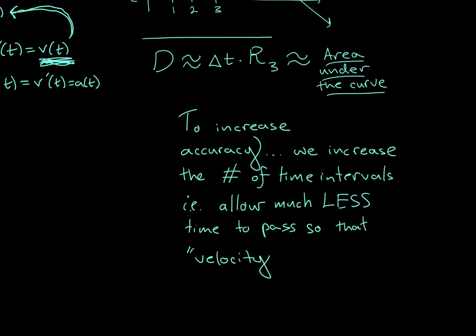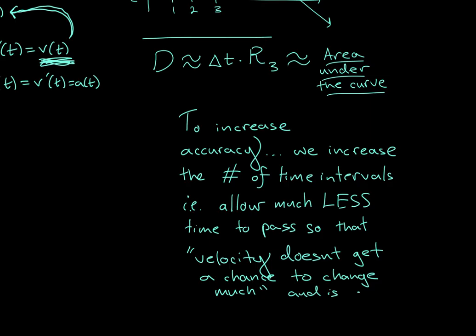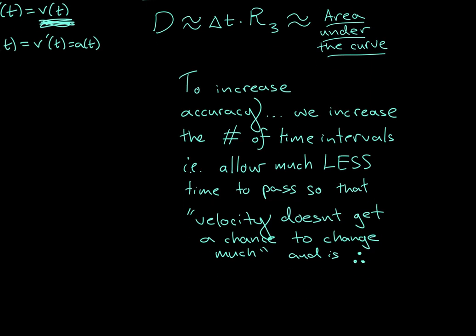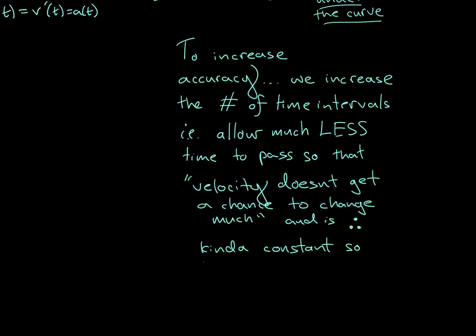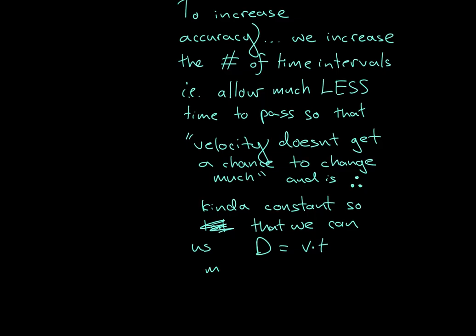Velocity, but it's good intuition, doesn't get a chance to change much and is therefore approximately, or kinda, constant, so that we can use this formula, d equals velocity times t, more accurately, or freely, I guess. Accurately is better.